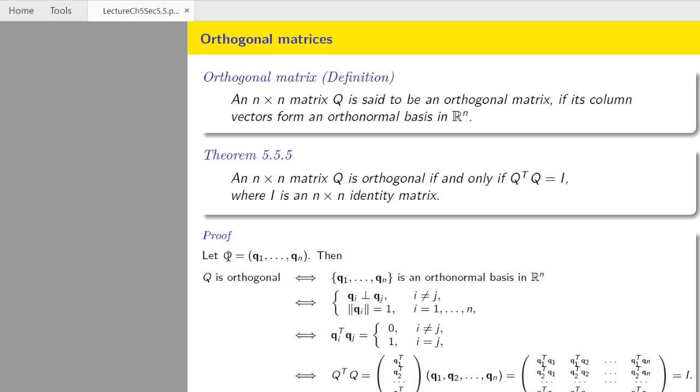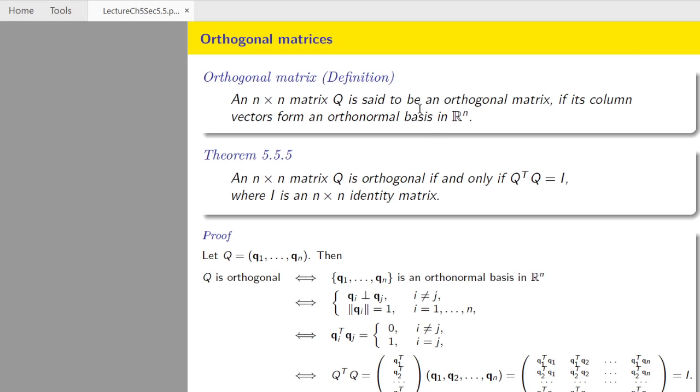We start by writing the matrix Q in terms of its columns. Because we assume Q is n by n, this Q matrix has n columns. We call them Q1, Q2 to Qn. Then by the definition here, Q is orthogonal.